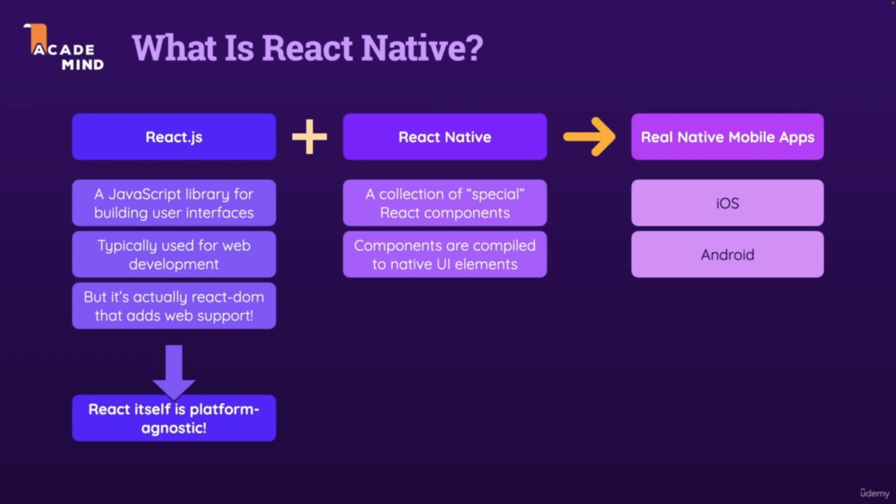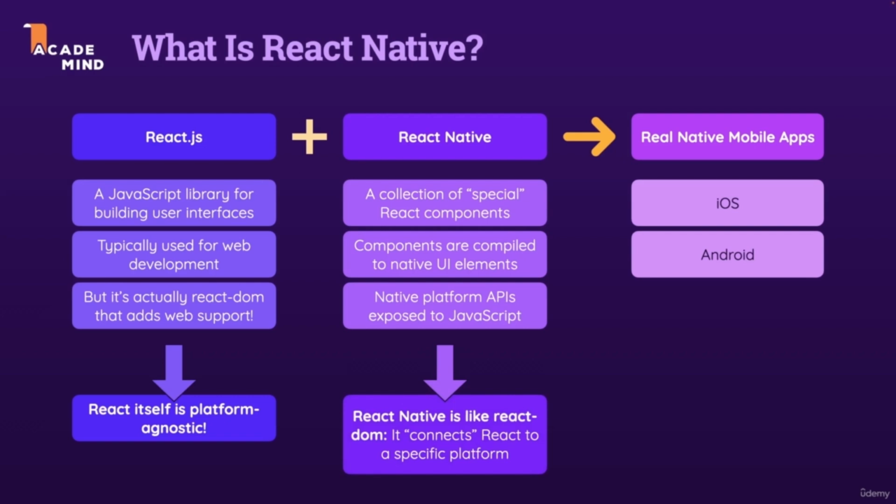In addition, React Native also exposes certain native platform APIs, like using the device camera, so that you can use such features in your JavaScript code, even though you need to tap into native device APIs for that. And therefore, in the end, React Native is like React DOM, it just does not target the web, the browser, as a platform, but instead iOS and Android. And React Native gives you all the components and the APIs you need to interact with those platforms and to build apps for those platforms. That is what React Native is all about.